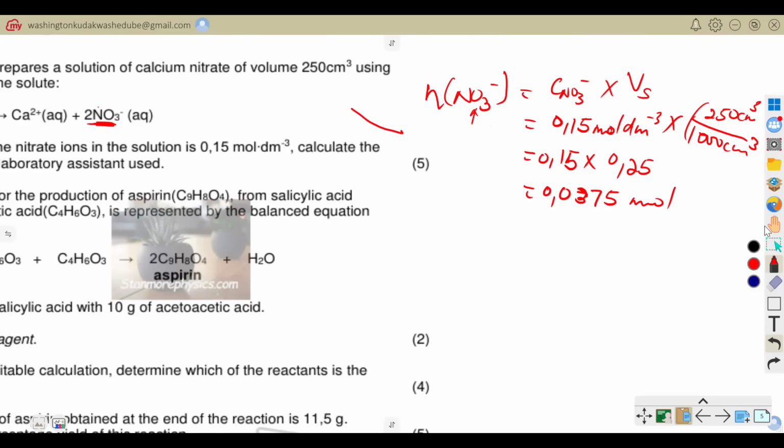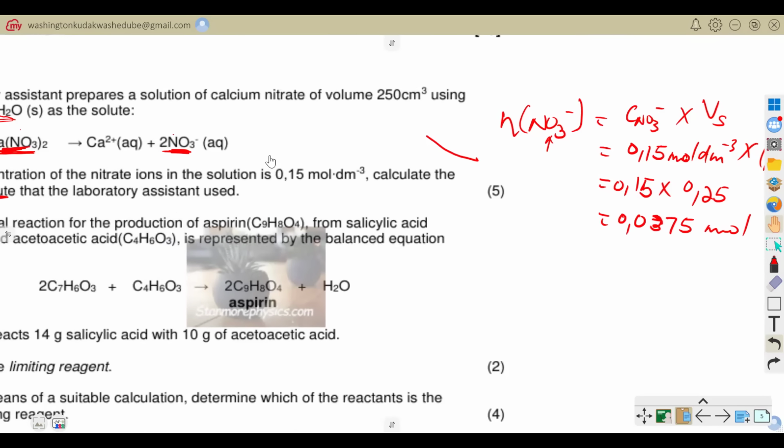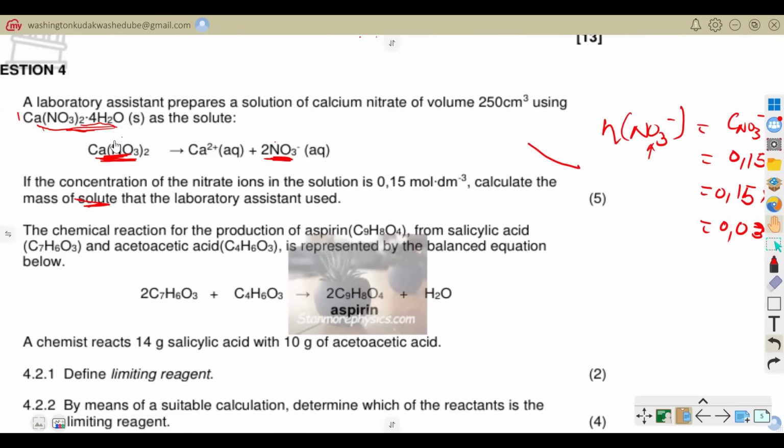Now we want to find the number of moles of this calcium nitrate that gave us this number of moles of nitrate ions. If this calcium nitrate dissociates, it gives us 2 moles of nitrate ions from 1 mole of calcium nitrate. So you would see that the mole ratio there is 1:2. So if I know the number of moles of nitrate ions, I just need to divide by 2 so that I will know the number of moles of calcium nitrate.